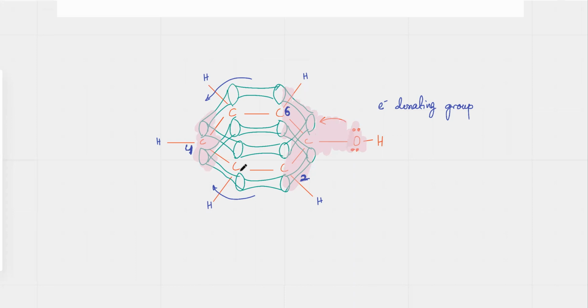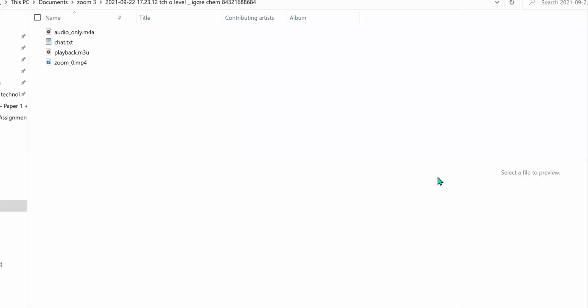On carbon 3, it's not that high. On carbon 4, it's high. At carbon 5, it's not very high. At carbon 6, it's high as well. So the electron cloud, which was previously evenly distributed, is no longer evenly distributed, because the electron density is higher on this side and that side, but not very high on the carbons at positions 3 and 5. So this is what's going on.